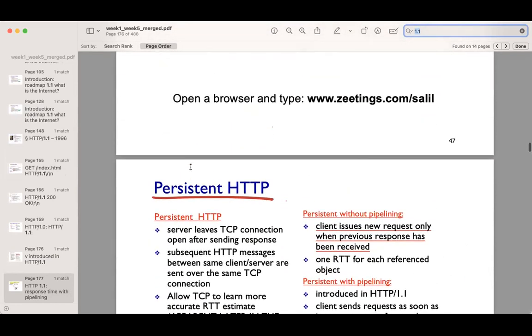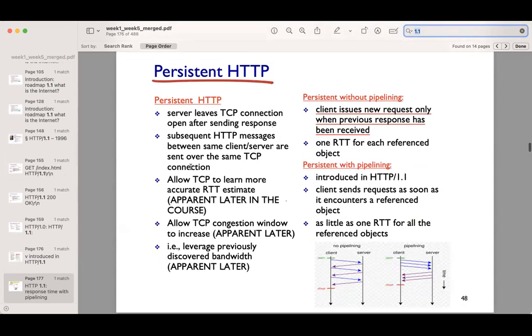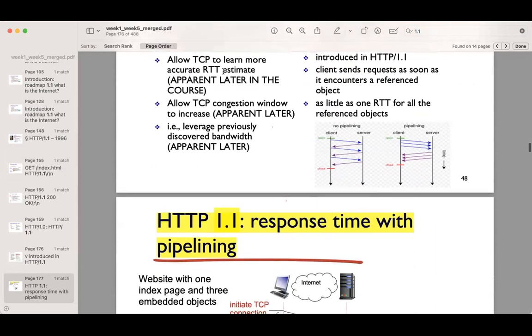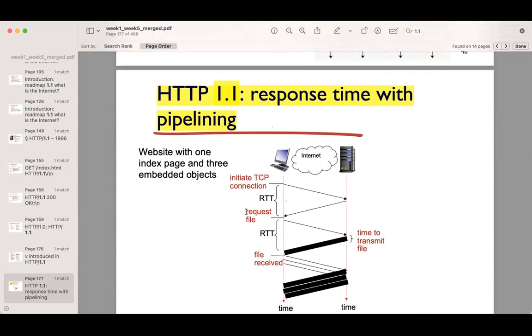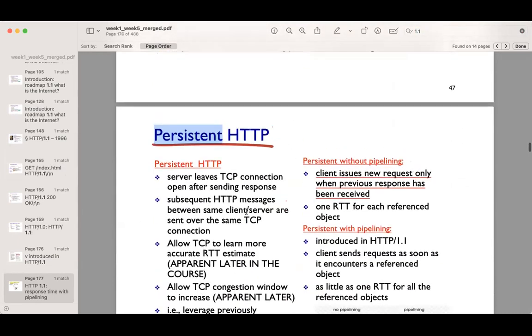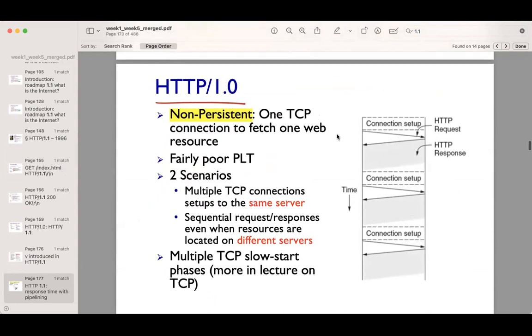The next thing you need to know is the difference between 1.0 and 1.1. The main difference between them is persistence. If you have a look in here, 1.0 is like this one. For every connection, for every transmission, we need to establish a TCP connection every time.